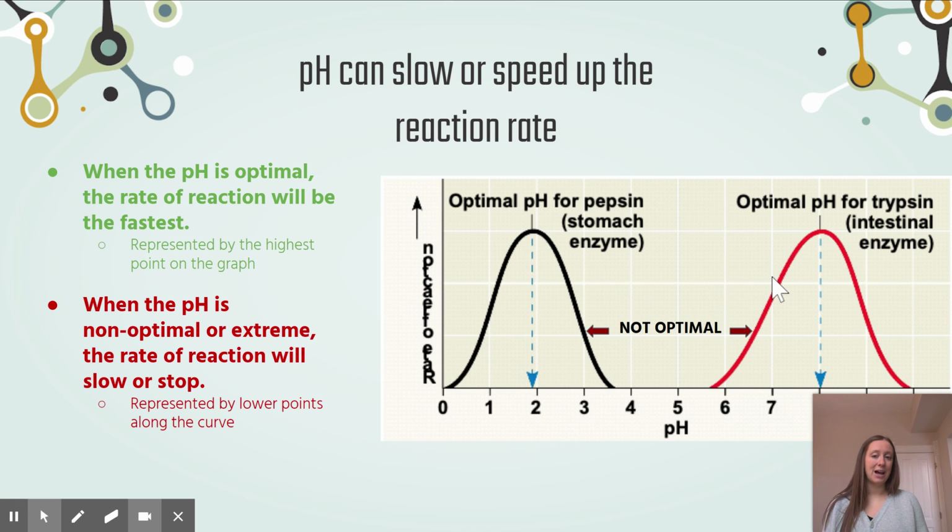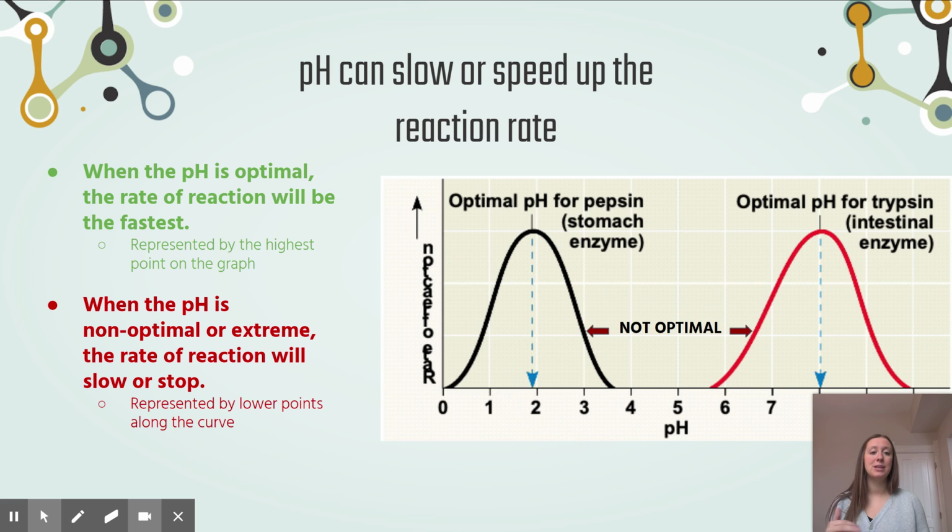When the pH is non-optimal or extreme, the reaction rate will either slow or stop. So we can see that as we move down, the rate of reaction gets slower or stops. If I took the enzyme pepsin and put it into a pH of 5, the graph does not extend to 5.